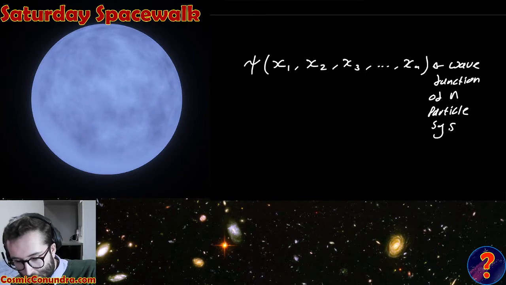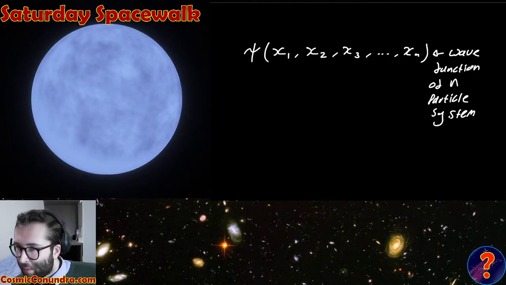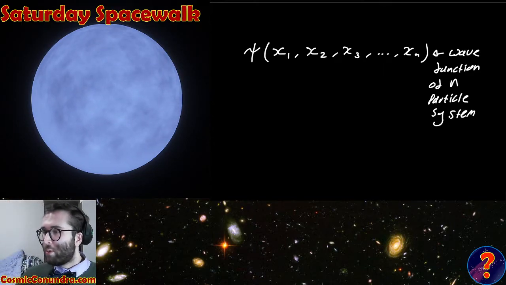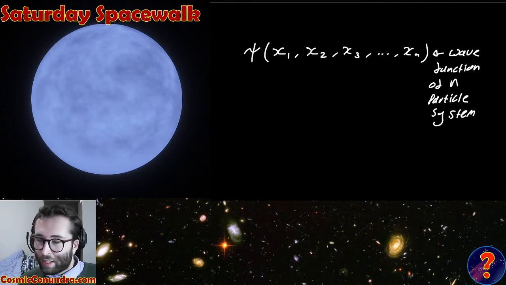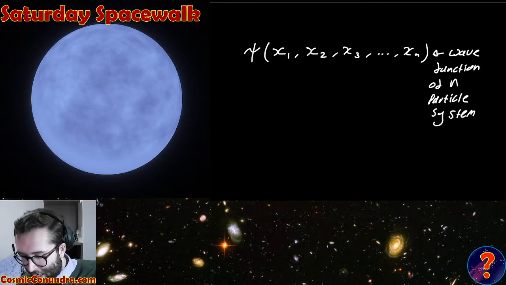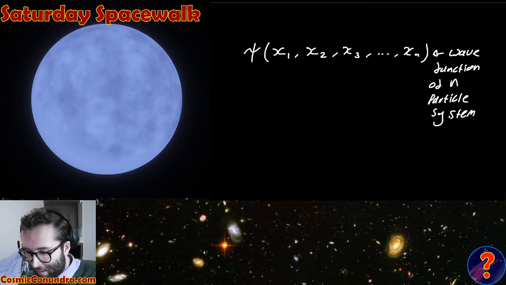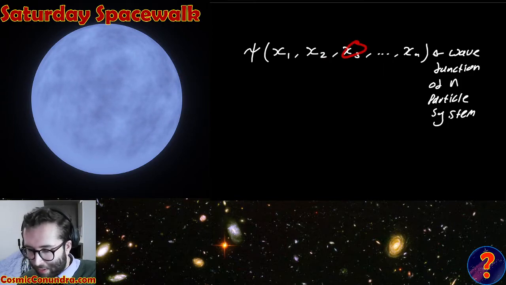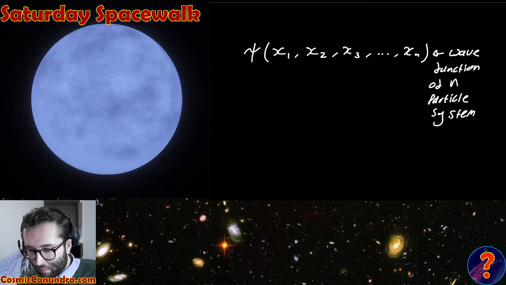I'm not going to specify what this will look like, because that'll depend a lot on the particular setup you're looking at. But in general, you can describe the wave function of a system of many particles in this way, where x1 labels the position of one particle, x2 labels the position of particle 2, a different particle, x3 labels where particle 3 might be, and all the way up to the nth particle.